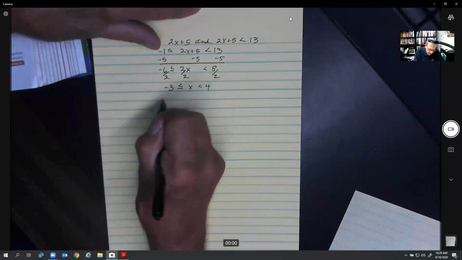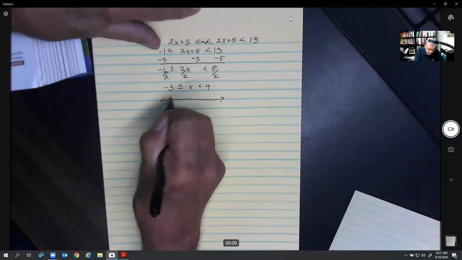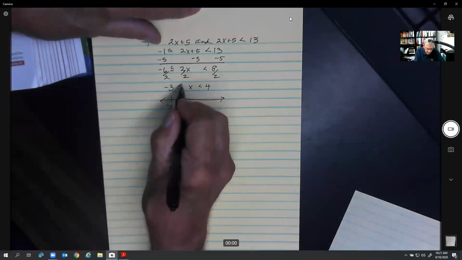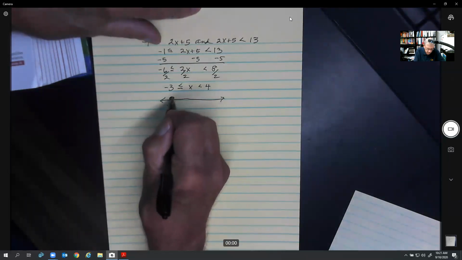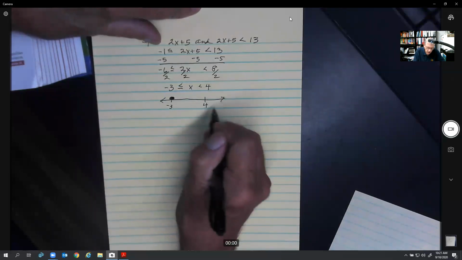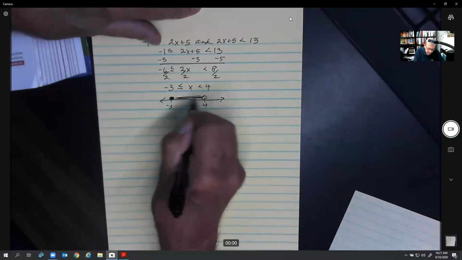Now when I go to graph it, negative 3, I'm going to use a solid dot because it's less than or equal to. And 4, I'm going to use an open dot, and it's anything in between.